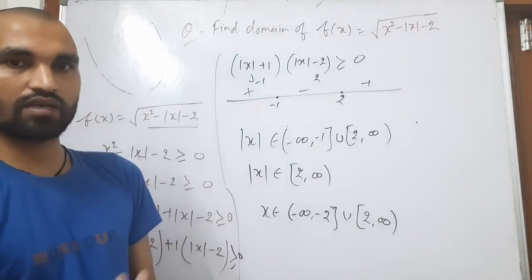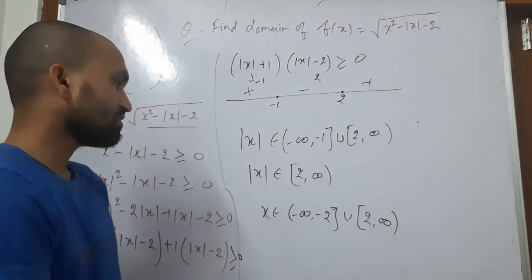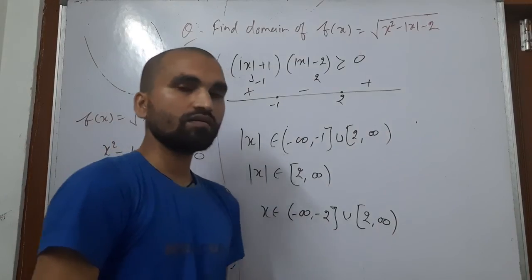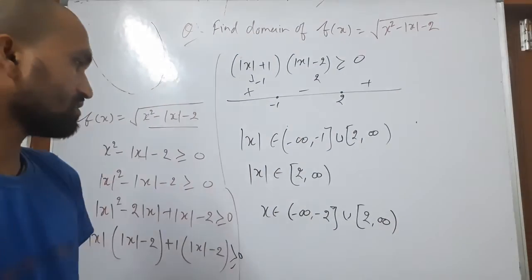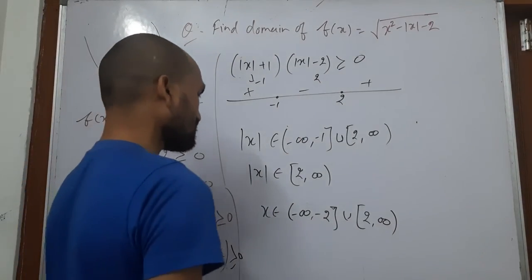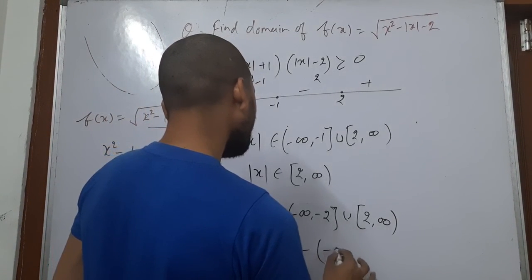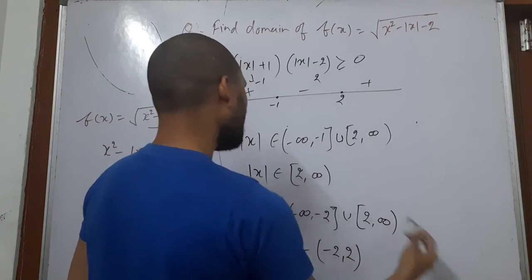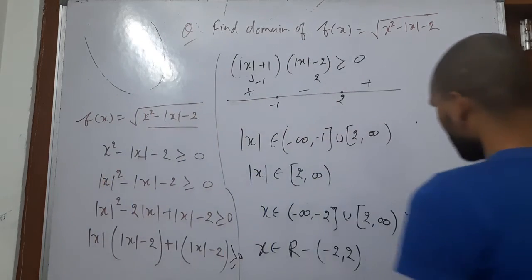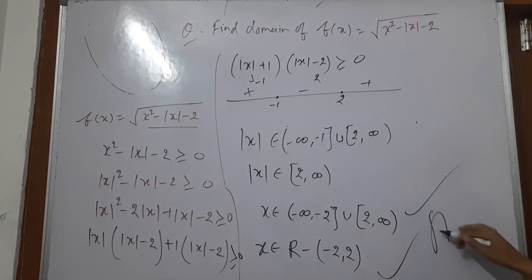So we should include negative values of x for the solution. So it is the solution, or it can be x belongs to R minus open interval minus 2 to plus 2. Both are solutions. You can write this or this. Both are answers. Okay.